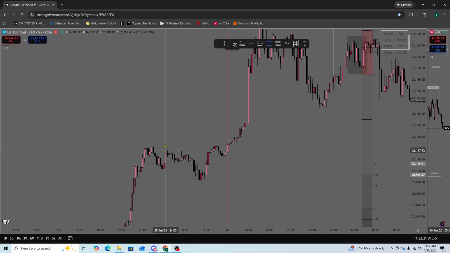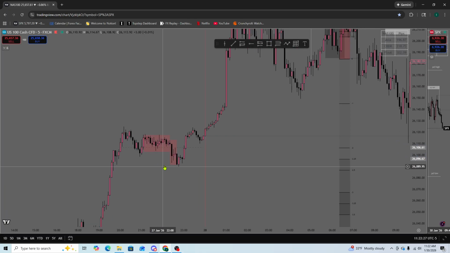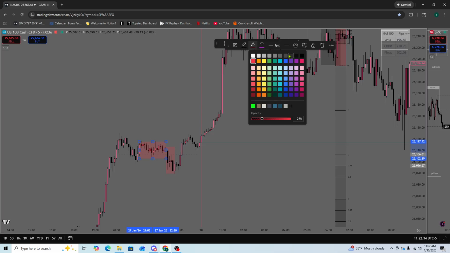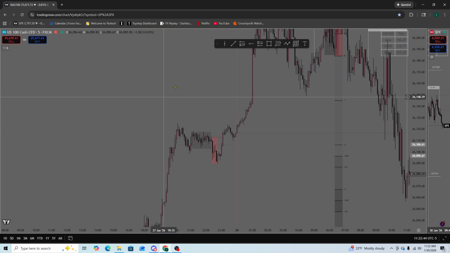Right? So we see our consolidation, we see our manipulation, and then we see our distribution. Let me make these easier to see. So we see our consolidation, we manipulate those lows, then we go and break structure after the manipulation.